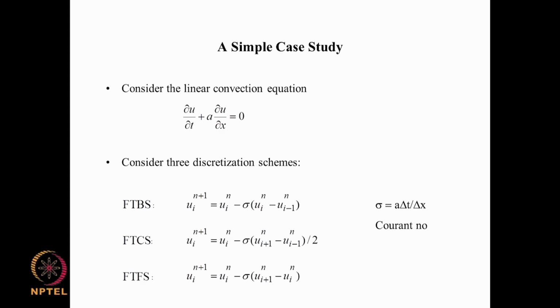We expressed the discretized equation as a function of the parameter Courant number sigma, which is given by a Δt/Δx, and since these are all explicit methods, we can march forward in time and space.